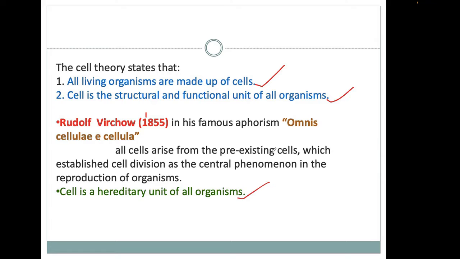The cell is the structural and functional unit of all organisms. Rudolf Virchow in 1855, in his famous aphorism Omnis cellula e cellula, discovered that new cells arise from pre-existing cells. With this discovery, one more aspect was added to the cell theory, that the cell is the hereditary unit of all organisms.